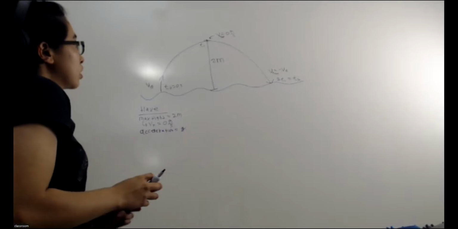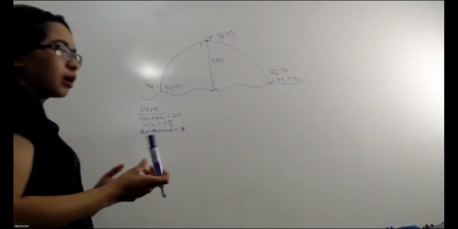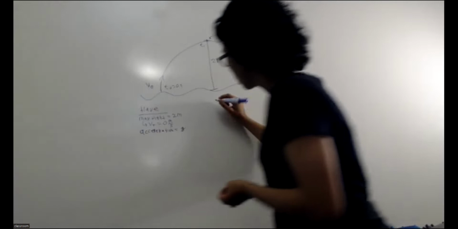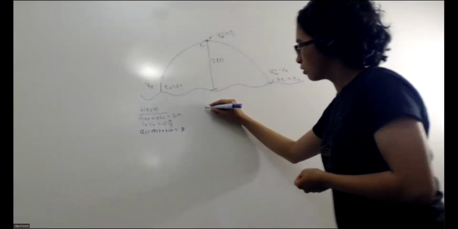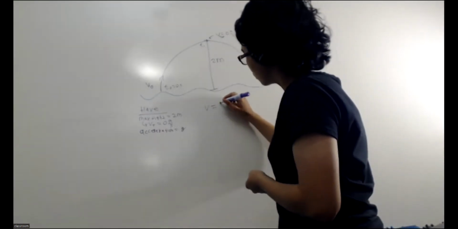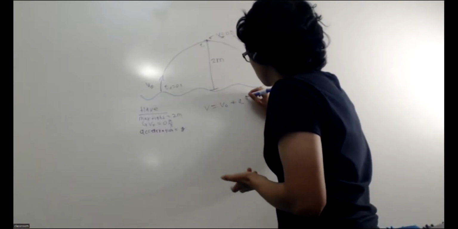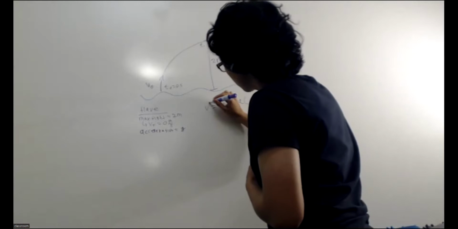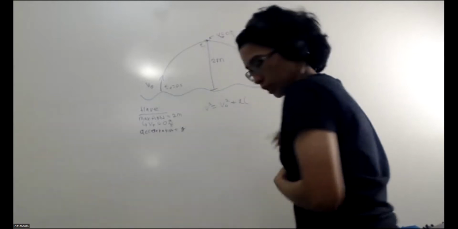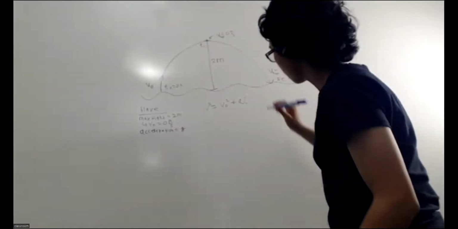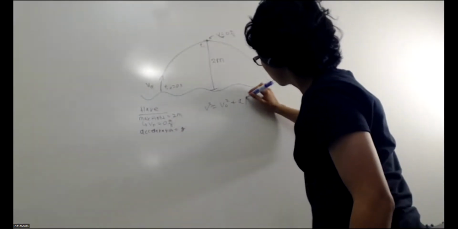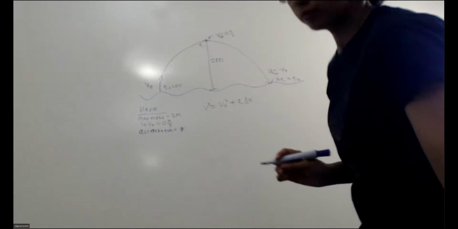Cool. So then we can probably use the equation V squared is equal to V naught squared plus A delta X. Right?